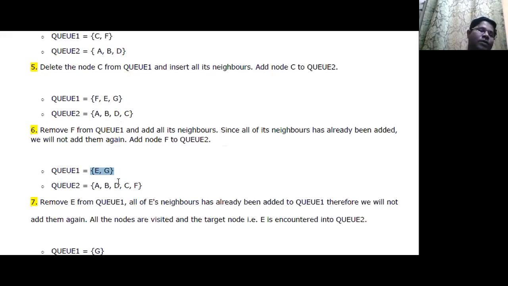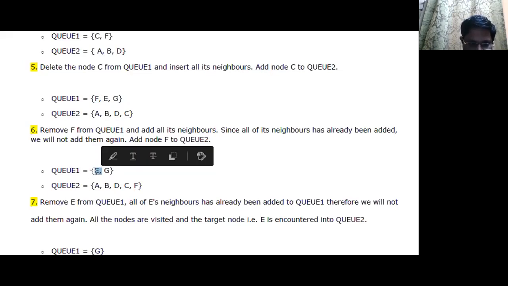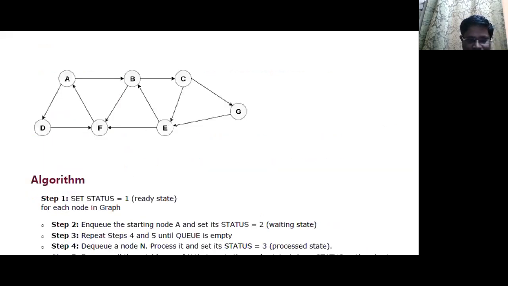Now the next step is to remove the element from Q1 again. The first element here is E. So remove E from Q1, move it to Q2 and search all the neighbors of E that are to be added. Let's again look at the graph. How many neighbors of E are there?